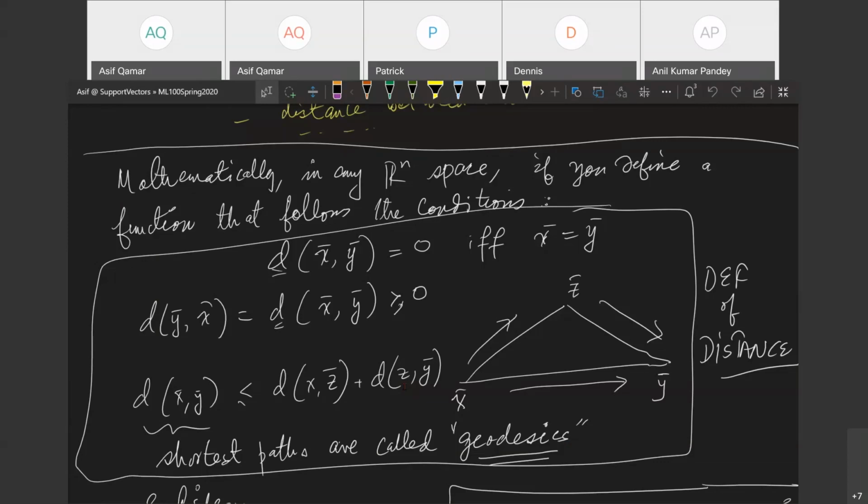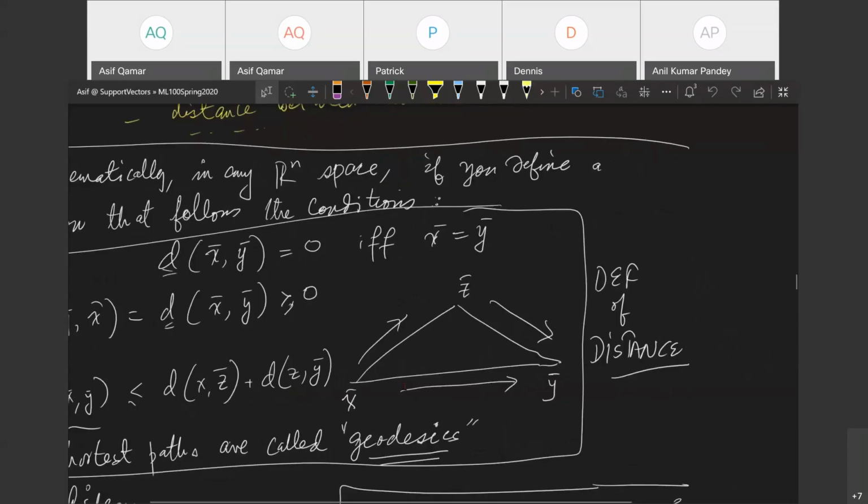The other thing is that it follows the so-called Schwarz inequality, or the triangular inequality, which means that the direct distance from x to y will always be less than or equal to the distance from x to any other point and from that point to y. This is the triangular inequality, and it follows from the Cauchy-Schwarz conditions about the notion of distance.